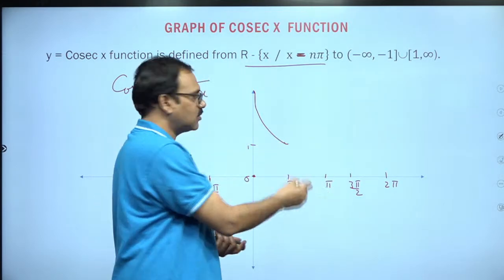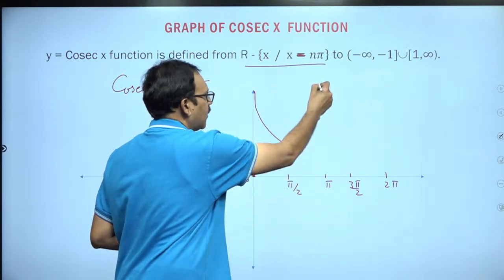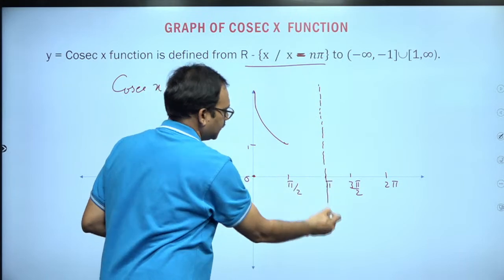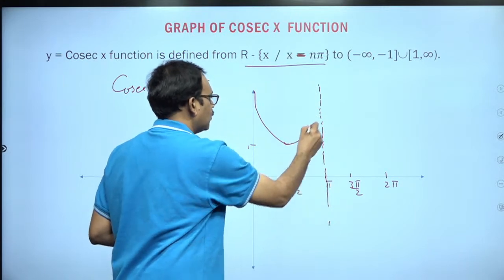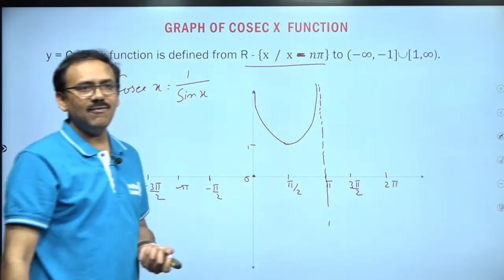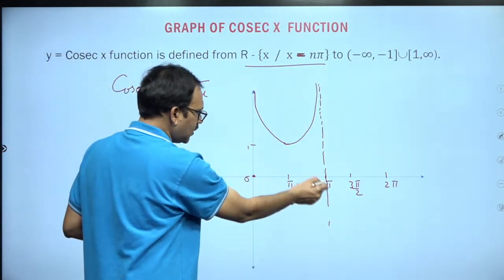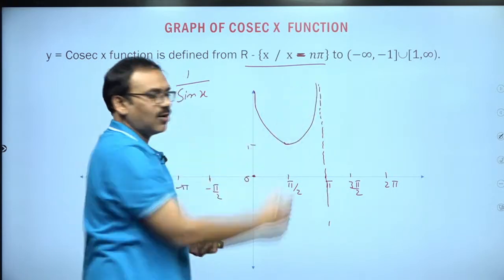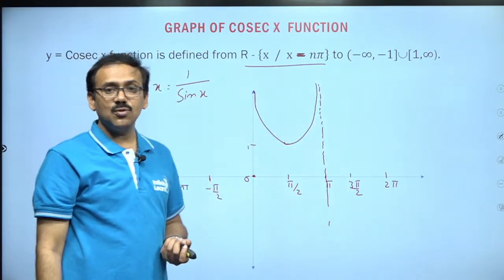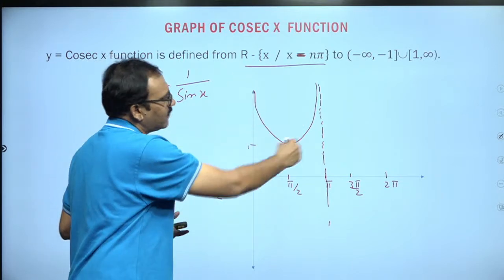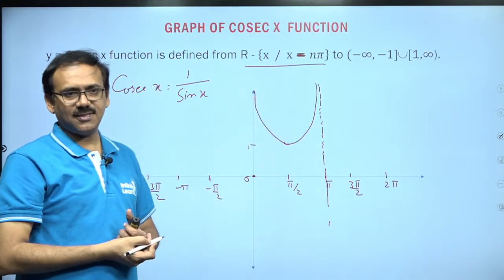Sine will be decreasing, so it will be increasing. You can observe, just for reference I am taking some dotted line here. Yeah, it goes and again it goes to infinity, dear students. You see, sine used to be here, its reciprocals, because the numbers you take 0 to 1, the reciprocals will be 1 to infinity. This is why you got the cosecant x graph like this.